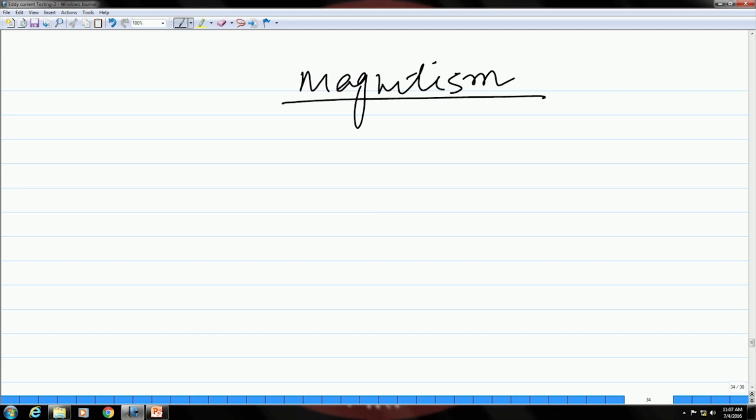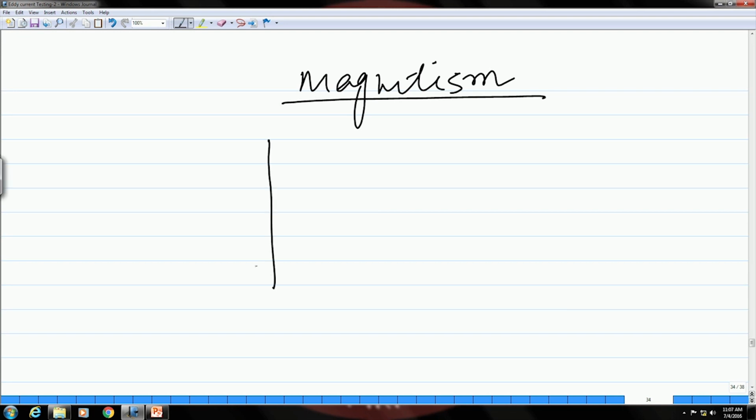Now if you bring magnetism into the picture, there will be some change in the eddy current response. That means the response from a magnetic material will be different from that of non-magnetic materials. So, let us see what change magnetism brings, and how the eddy current response will be when you have a magnetic material.